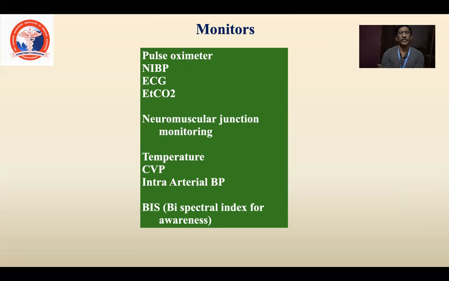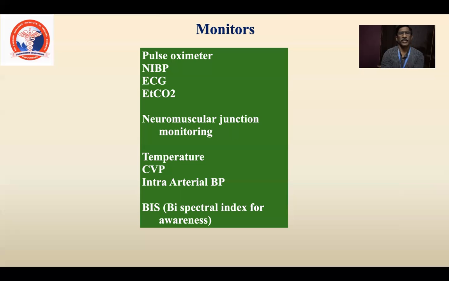Non-invasive BP, then ECG, then end-tidal carbon dioxide. End-tidal carbon dioxide assesses the expired air, predominantly the carbon dioxide in expired air, and tells us whether there is any difficulty in ventilation or a sudden rise or sudden fall in carbon dioxide. Then we can monitor the neuromuscular junction.